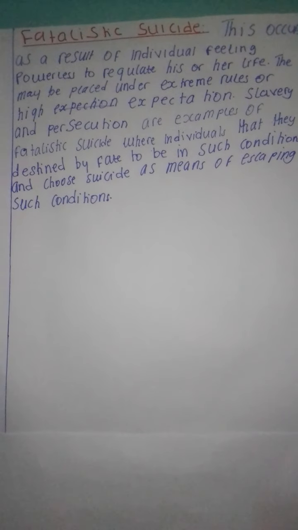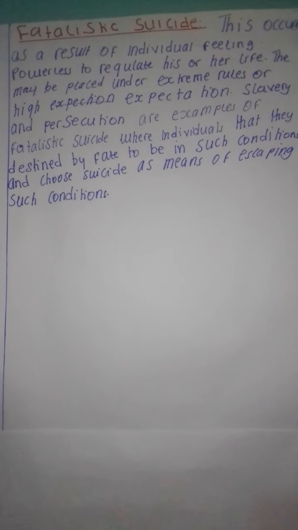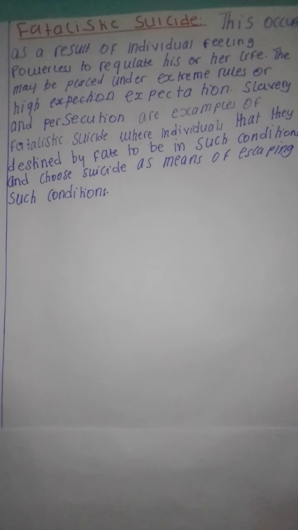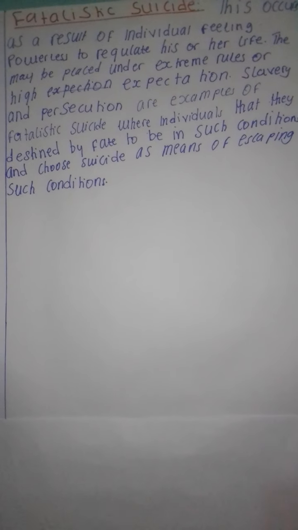Slavery and persecution are examples of fatalistic suicide, where the individual may feel they are destined by fate to be in such conditions. Therefore, they choose suicide as a means of escaping such conditions.